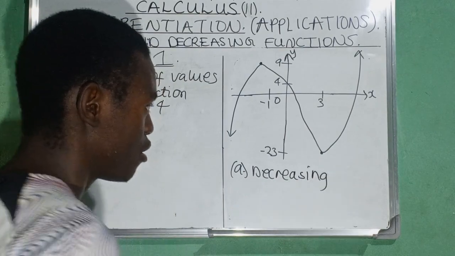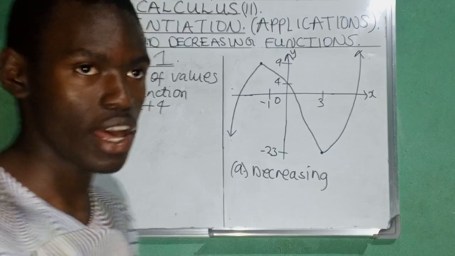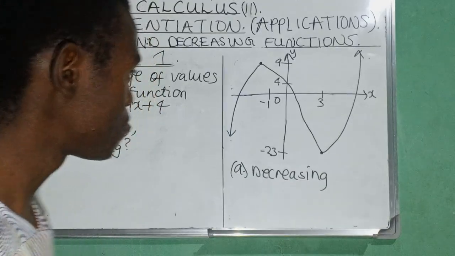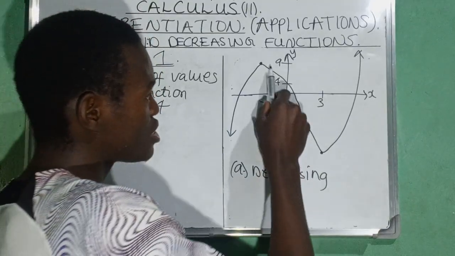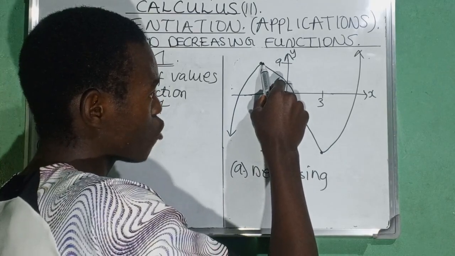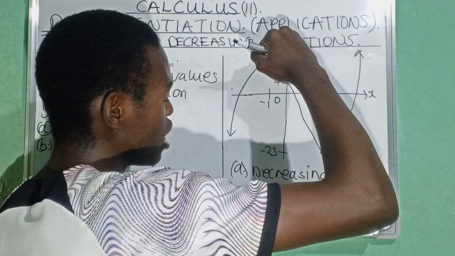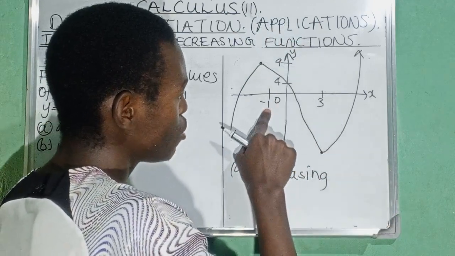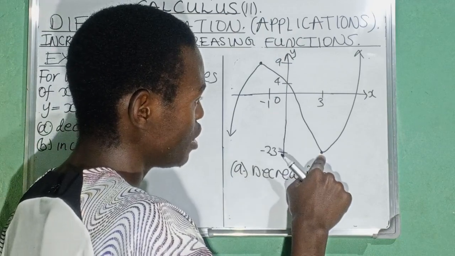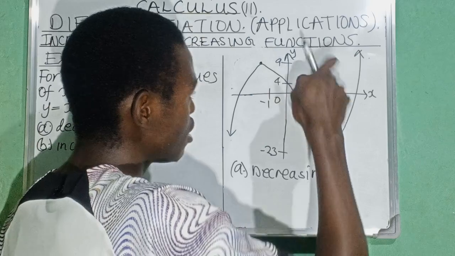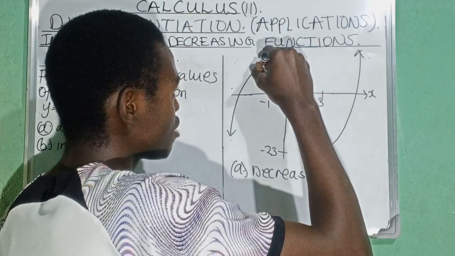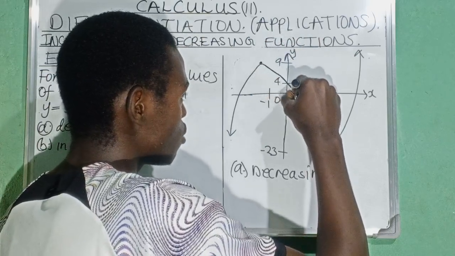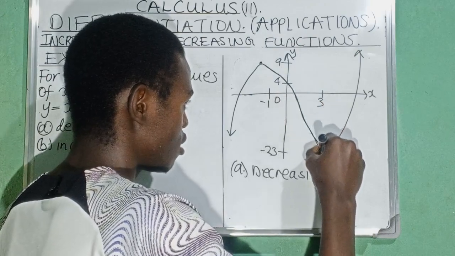So for A, if you look at the curve, where is the curve decreasing? It has turned at the point -1, 9, and then it's now going down. So between -1 and +3, it's decreasing. This part right here, it has turned at -1, then it starts going down like that.